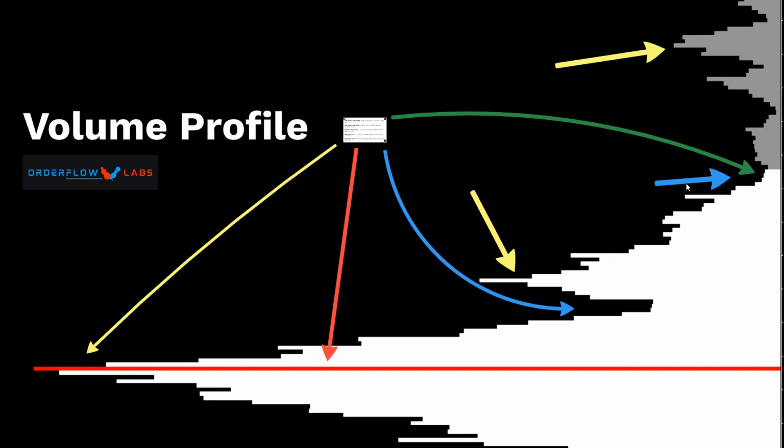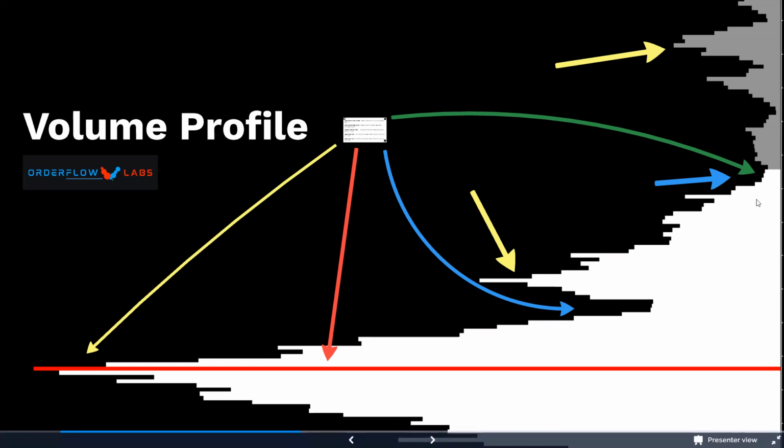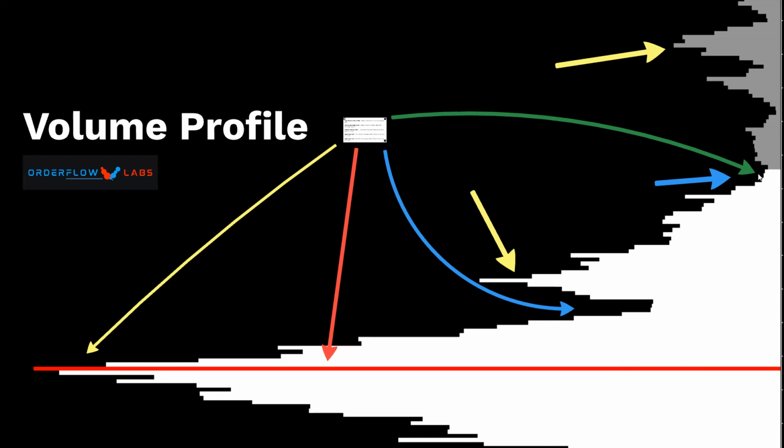Low volume node here as well. The green arrow is where that white part of the volume changes to gray, and the top of that white is the top of the value area. So the bottom of this profile would be the value area low. That's not displayed on this particular chart, but you can see here is the value area high.